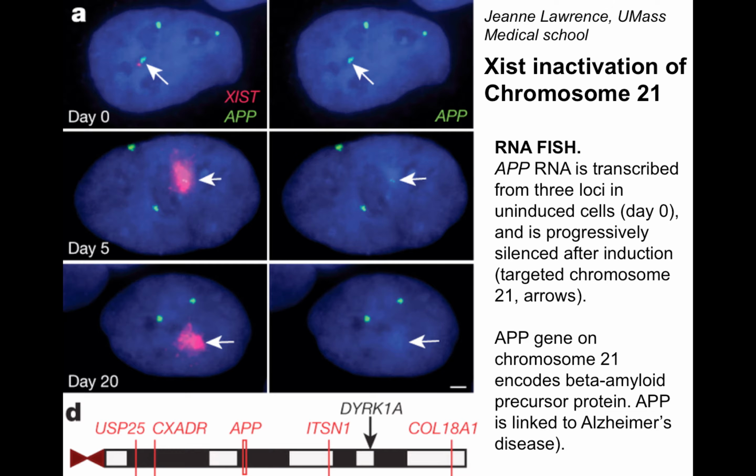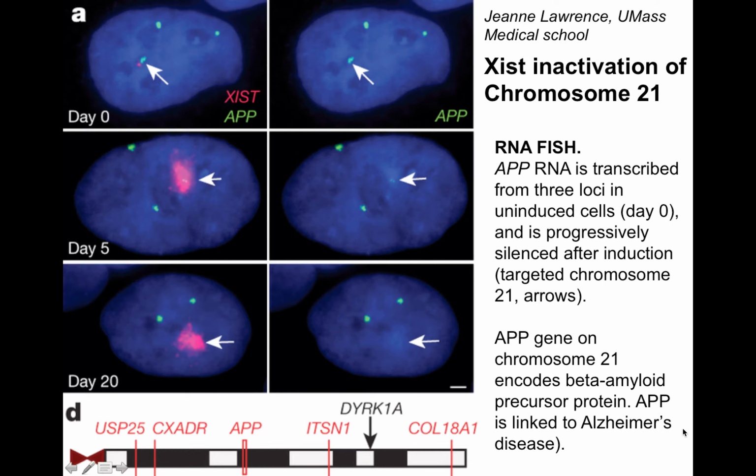This can cause varying degrees of phenotypes. When the chromosome that is present in three copies is chromosome number 21, it's called trisomy 21 or also Down syndrome. Okay. So the APP gene is a gene on chromosome 21 that encodes a protein that's highly associated with Alzheimer's disease.